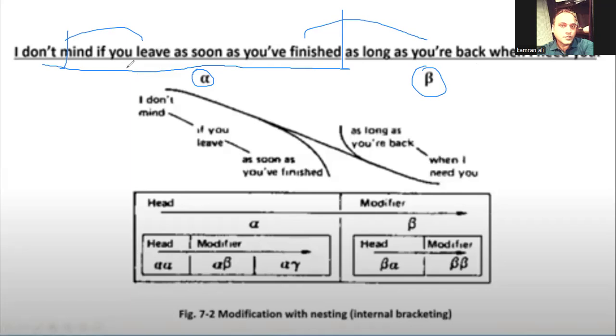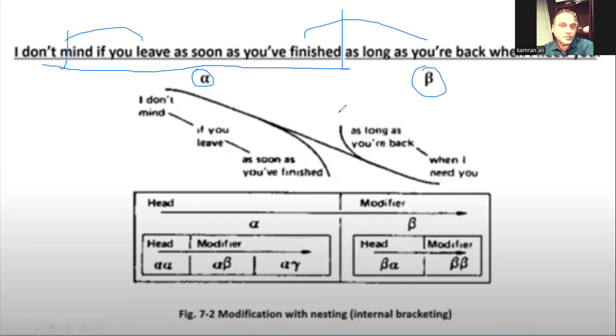So you can see that if you leave as soon as you have finished, as long as you are back when I need you, right? Somehow, this clause depends on this one also, because only then it gives the full meaning. Otherwise, the meaning would be entirely different, that I don't mind as long as you're back when I need you.